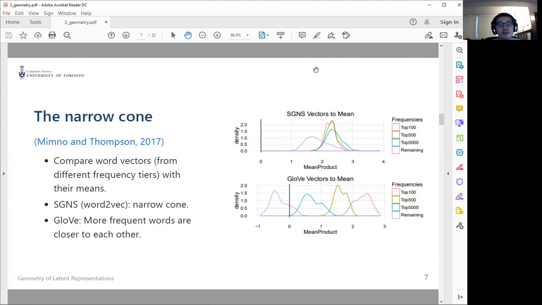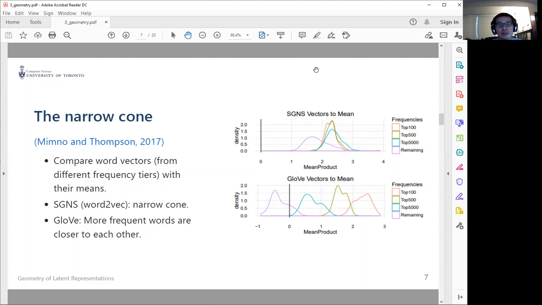So we can see that the word2vec vectors and GloVe demonstrate very different behaviors in this testing. Skip-gram negative sampling vectors are close to each other, regardless of the frequencies.